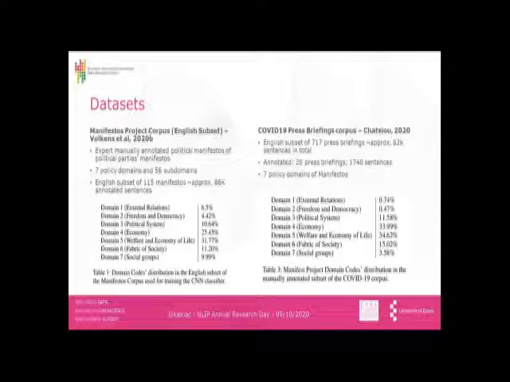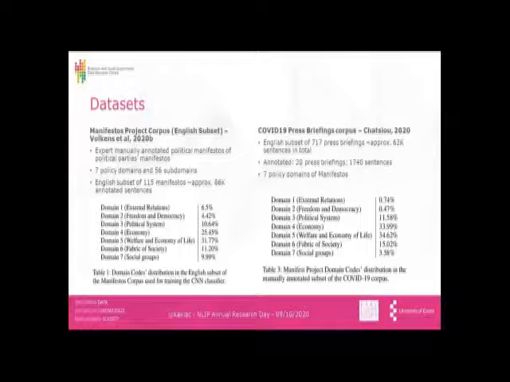The larger ones, the domains 1 to 7, are shown in table 1 here on the left. What I have picked for my experiments is the English subset of the 115 manifestos, which is approximately 86,000 annotated sentences.